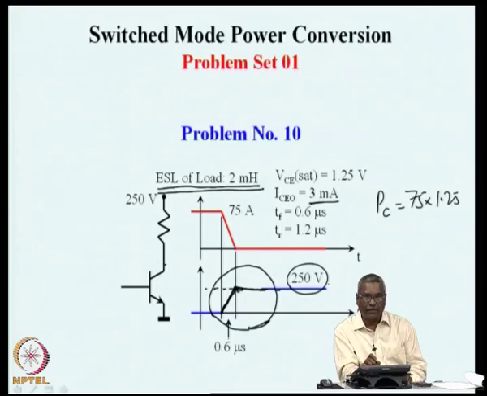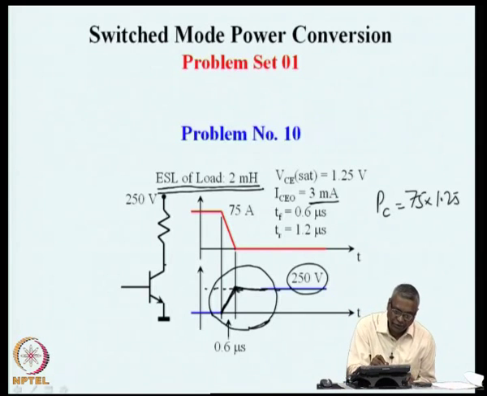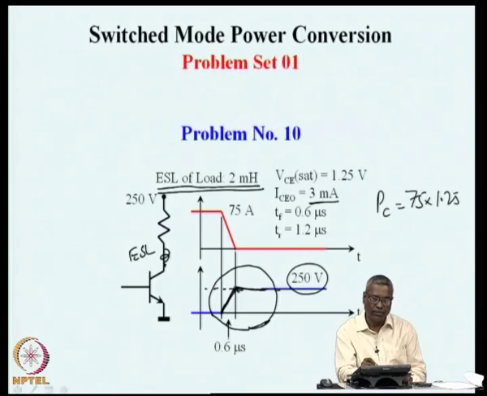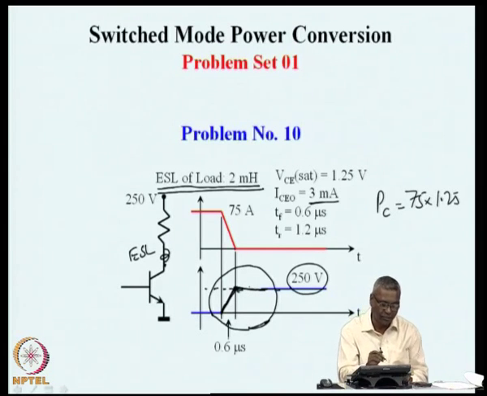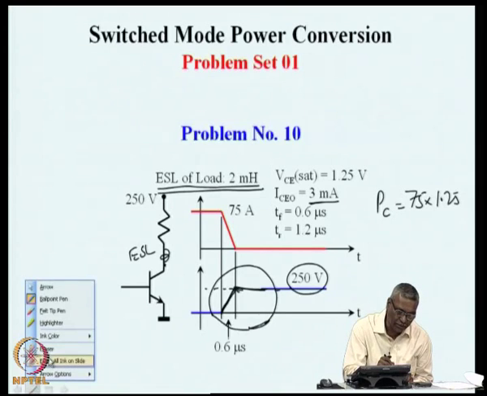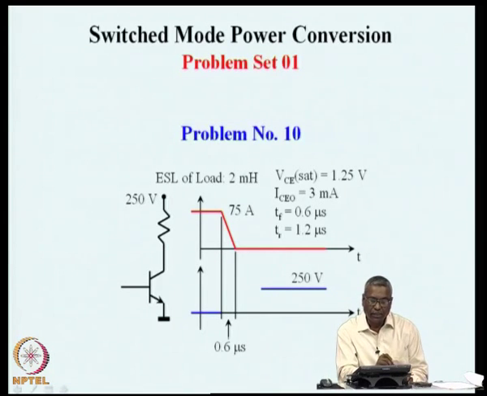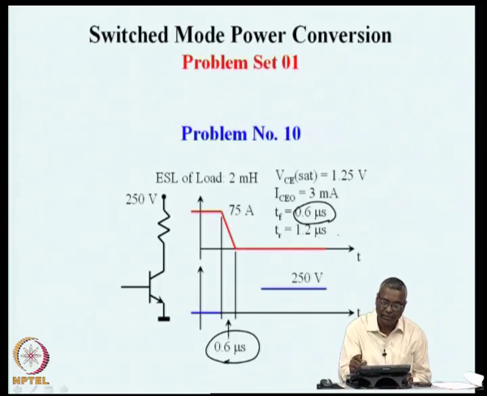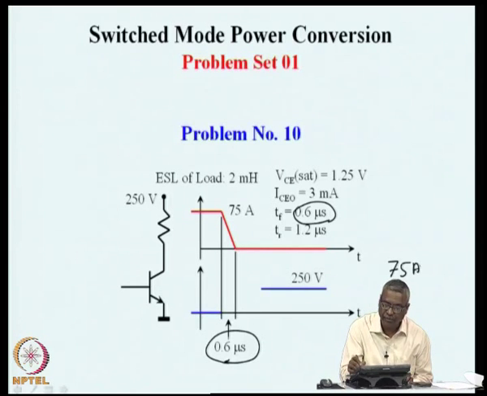But there is an important difference here. The resistance has an equivalent series inductance. In such a situation, what will happen to the voltage across the device when it switches off is the question that we want to answer. The duration is 0.6 microsecond, and the current that is dropping is 75 amperes.